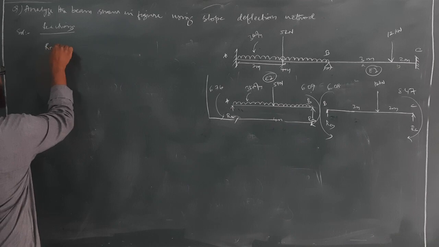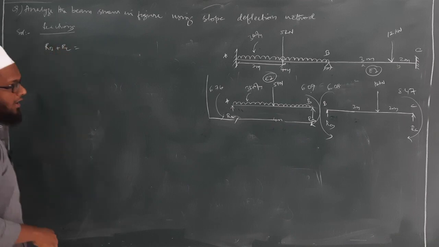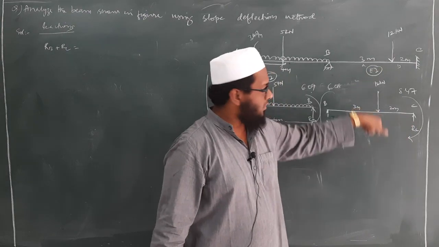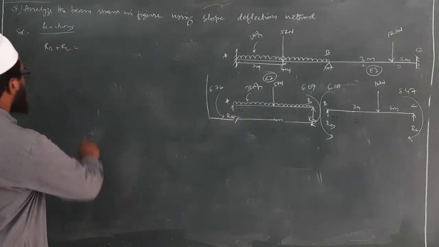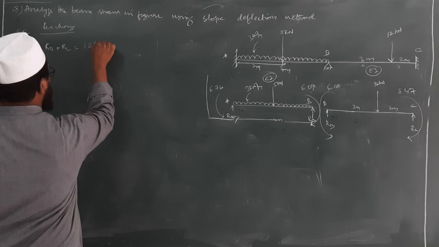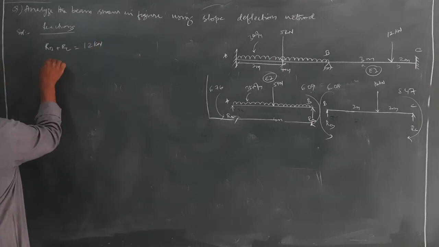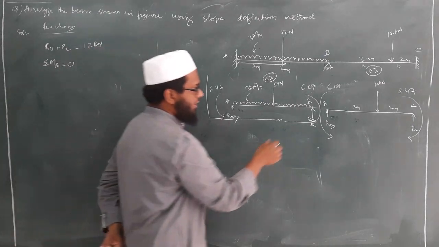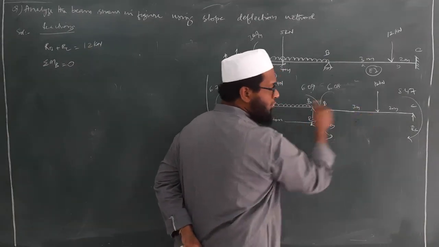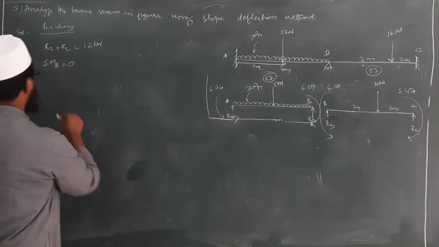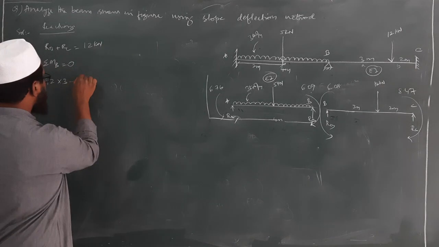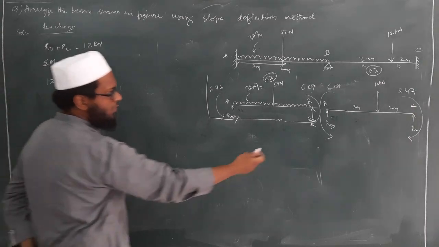RB plus RC is equal to, what is that load? 12 kilonewton. Now moment of all forces about point B is equal to 0. So how many forces do we have here? 12 into 3 minus RB into 5.